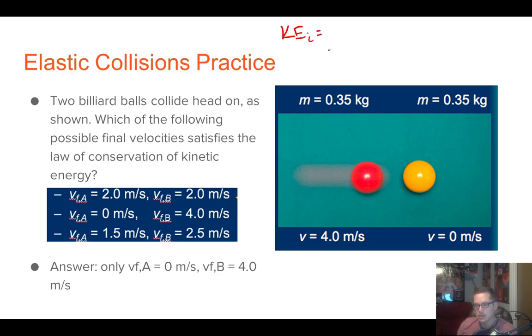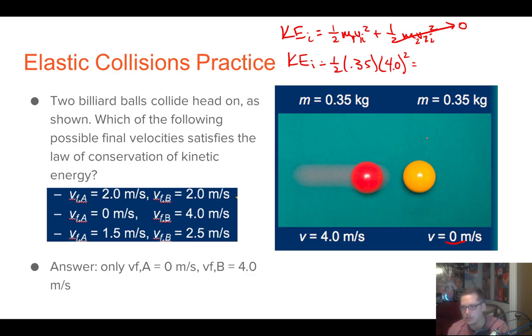Our kinetic energy initially is equal to 1/2 m1 v1i squared plus 1/2 m2 v2i squared. The second term is all going to be 0 because we have 0 velocity again down here. So really our initial kinetic energy is 1/2 times the mass of our ball, 0.35, times the initial velocity, 4.0, squared.